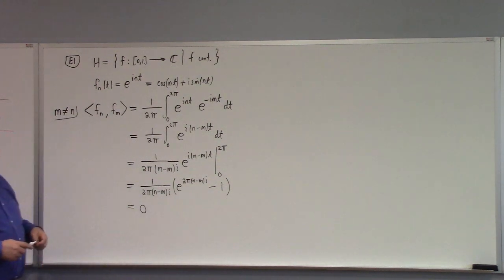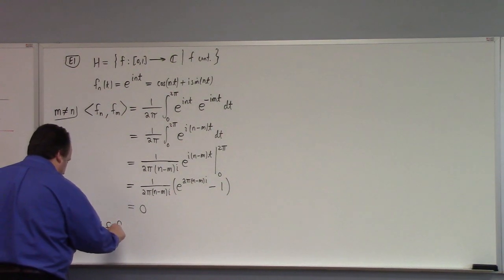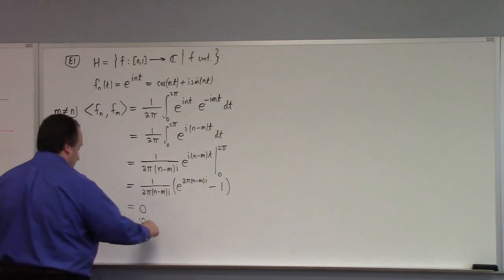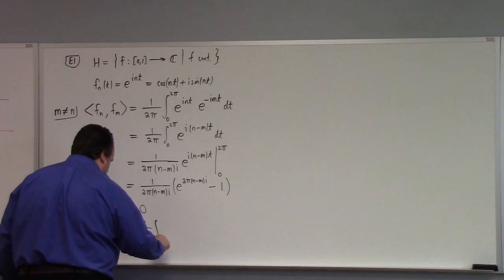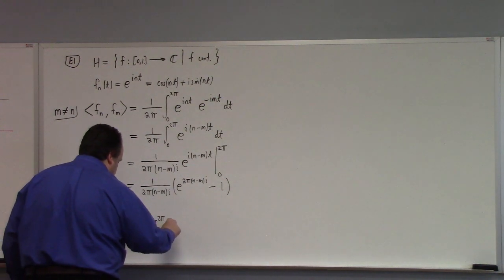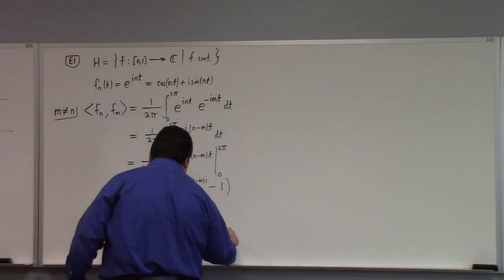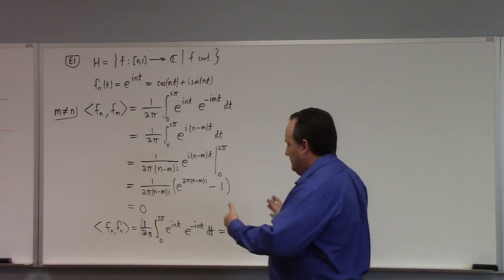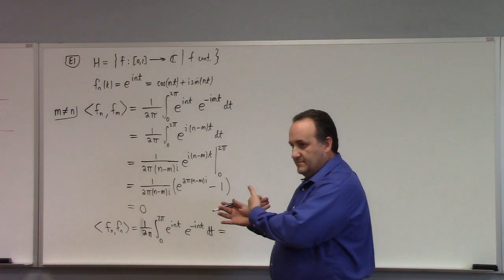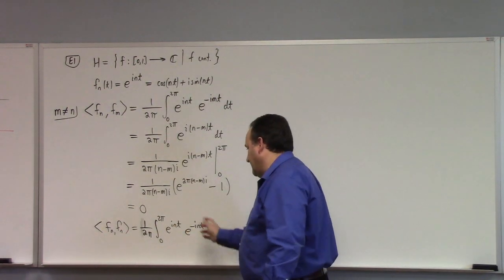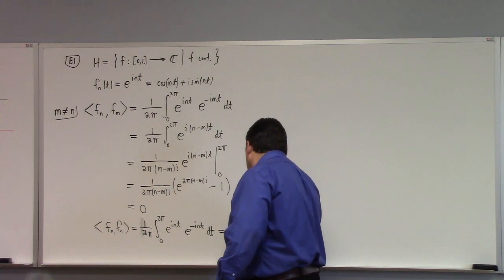On the flip side, what happens if you look at Fn with Fn? We've got that 1 over 2 pi from the definition that we made, and now you'll maybe understand why the 1 over 2 pi is there. Integral from 0 to 2 pi, e to the int, e to the minus int dt. Those cancel out, so you just have the integral of dt. We get 2 pi over 2 pi, also known as 1.